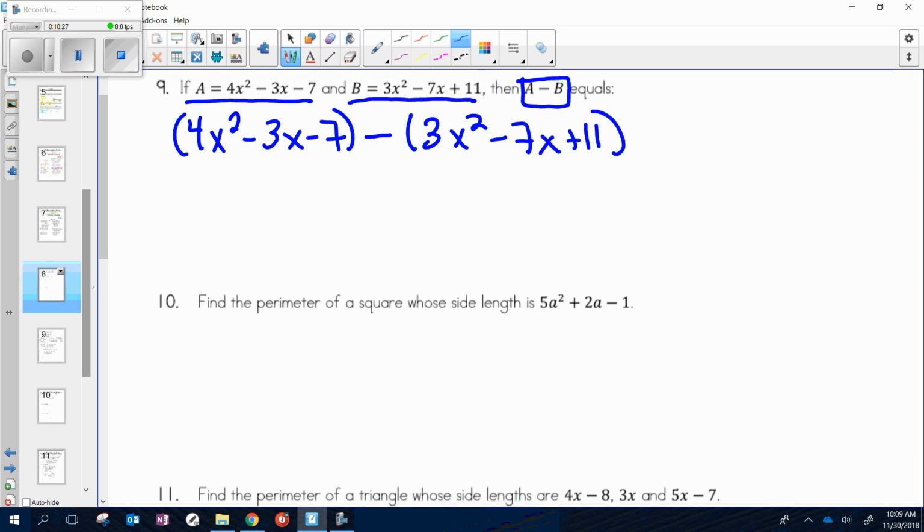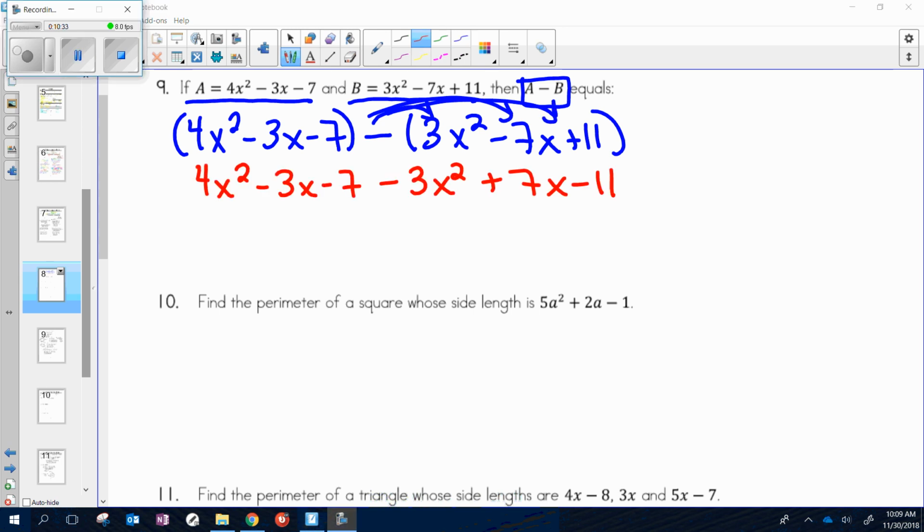We need to distribute this -1 to each of the terms, and then our second step is to combine like terms. After distributing that -1 and combining like terms, we're going to get x squared plus 4x, and minus 7 minus 11 will give us minus 18.